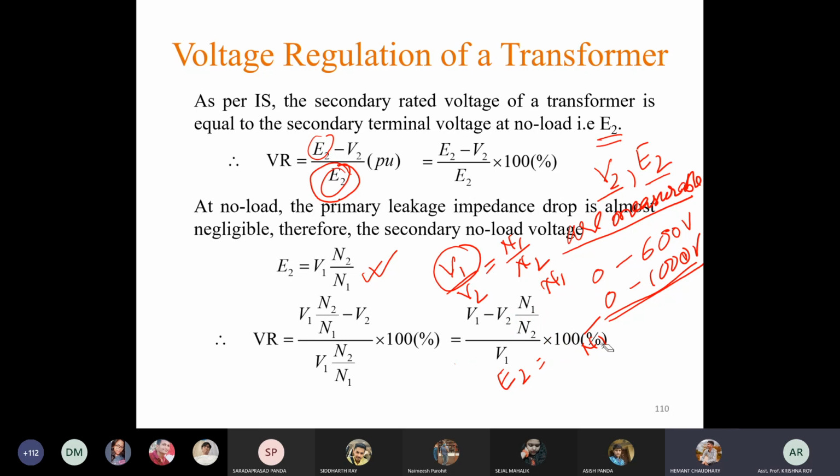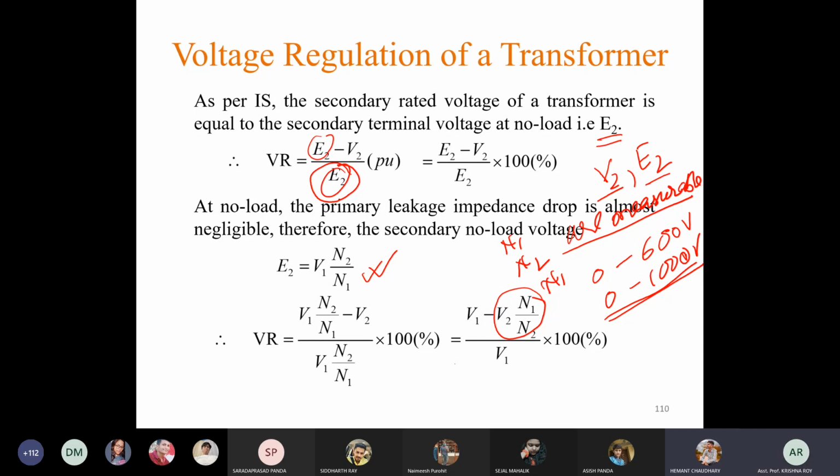After simplification you will get this expression, that is V1 minus V2 into N1 by N2 divided by V1. So V2 into N1 by N2, what is this? This is actually the secondary voltage referred to primary side.